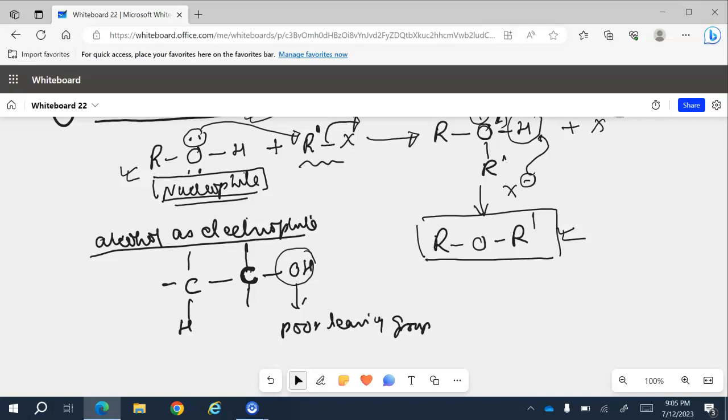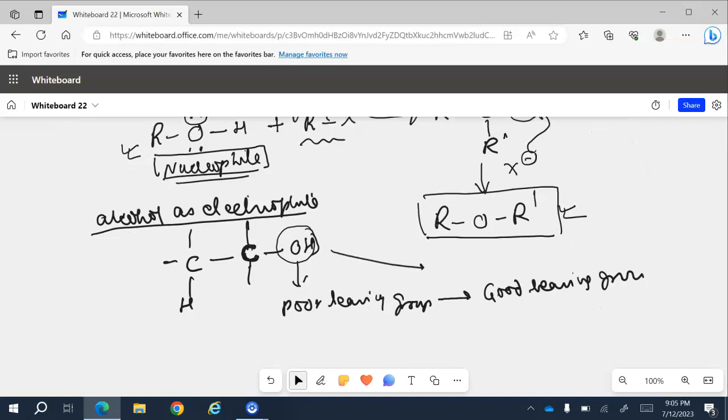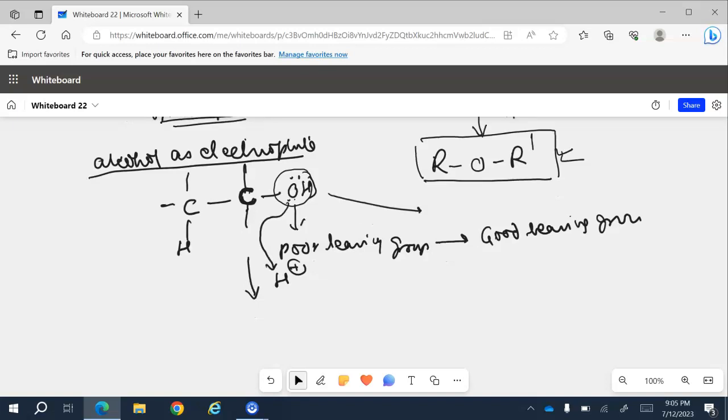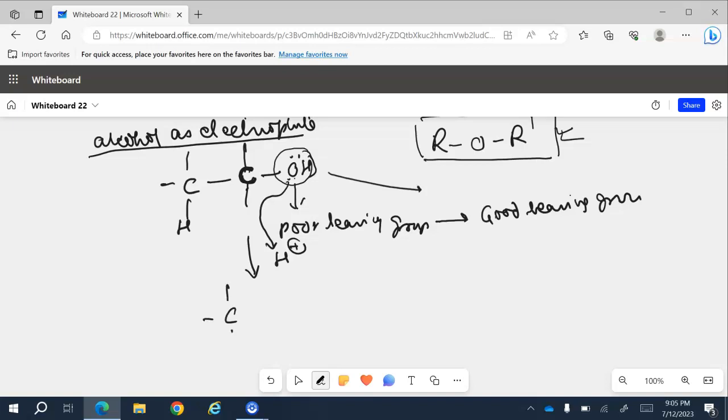So the first step that we need to do here is to convert this OH, which is a poor leaving group, into a good leaving group. To convert that into a good leaving group, as you have studied previously, one thing that we could do is react with some kind of proton, and this OH group will get protonated, and it can form water as a good leaving group.